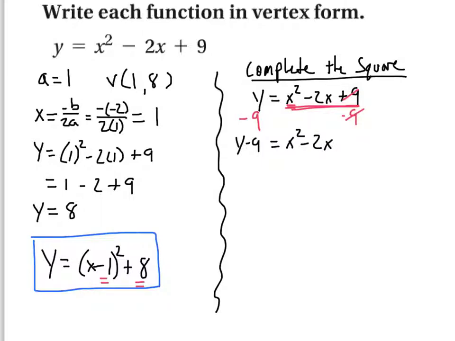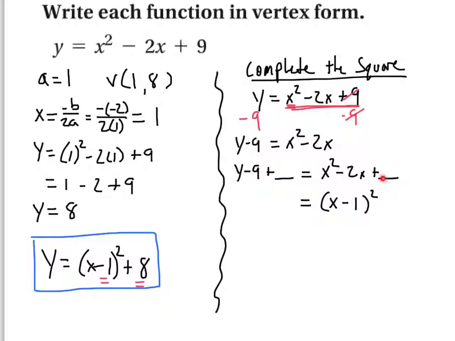Well, now, in completing the square, I've got to add a constant to both sides that makes my left side there a perfect square trinomial. So I've got y minus 9 plus something equals x squared minus 2x plus something. Well, hopefully you guys remember from Unit 1 when we did completing the square, this trinomial is going to factor into x plus or minus something quantity squared. How did we get this value? We took half of the negative 2, which is negative 1.